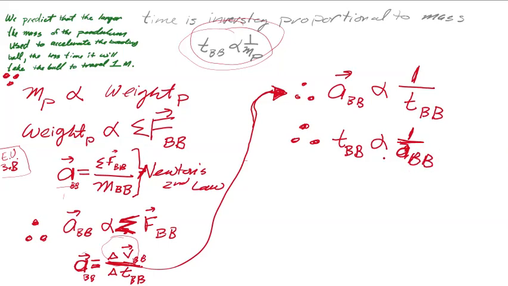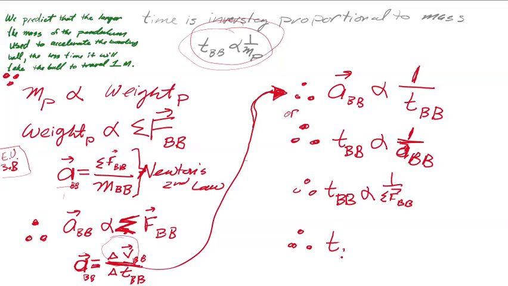So time is inversely proportional to the acceleration of the bowling ball. Well, let's go back. What did that have to do with the force? So therefore, I just put or because you can write it either way. Therefore, the time of the bowling ball is inversely proportional to the net force on the bowling ball.